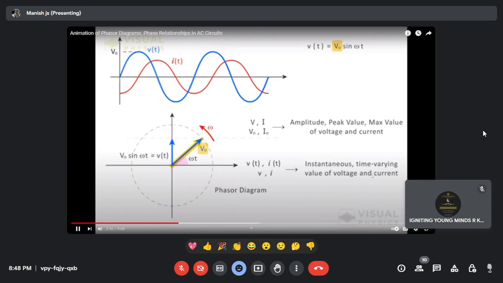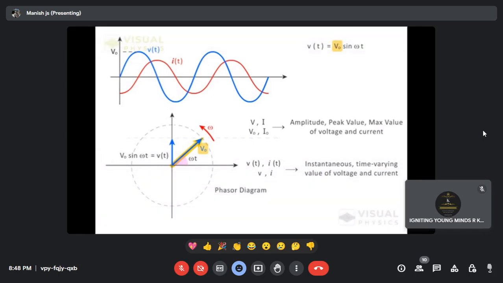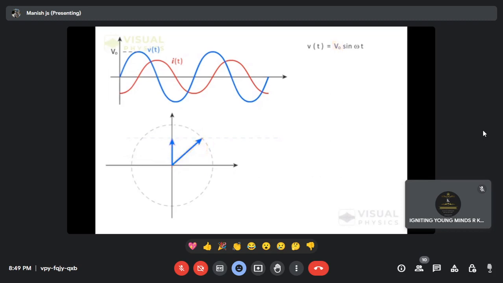Projection of this vector on the vertical axis gives the instantaneous value of voltage. That is, it gives the equation of time varying voltage. At some point, instantaneous voltage of the source is 0.